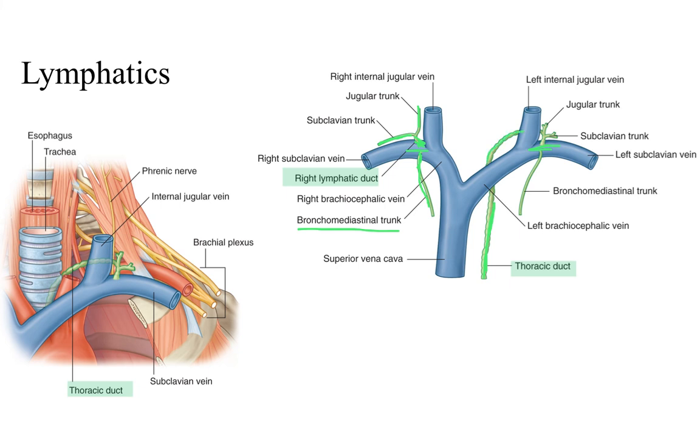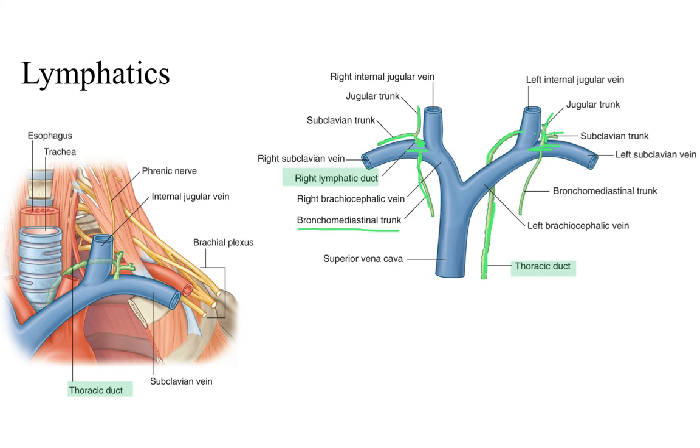And that's going to curve around and join with the jugular trunk running along with the internal jugular vein, the subclavian trunk running from the left subclavian vein, and go in through what is still called the thoracic duct. So the thoracic duct is going to empty right into the subclavian vein.